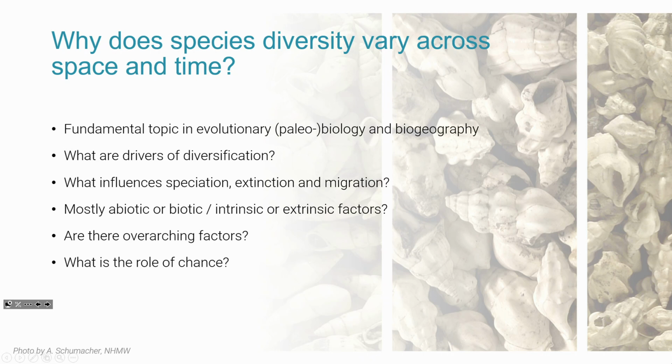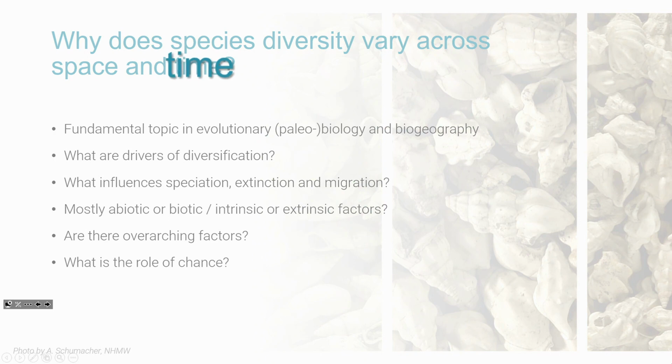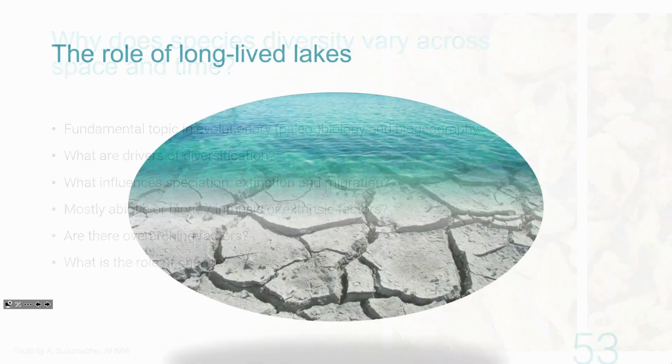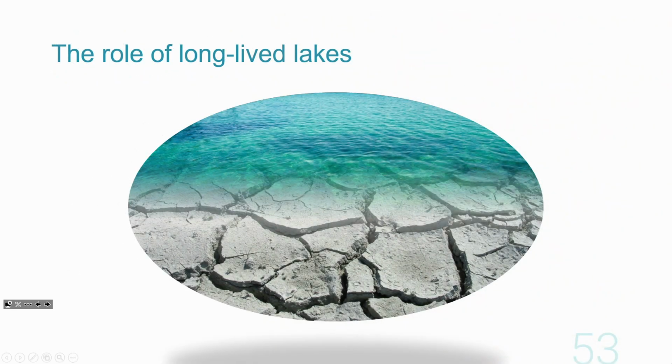But still, if we look at all these parameters, these possibilities, there is something we need for all this, and this is time. We need time for speciation, and in the case of freshwater environments, we need a system where this time can unfold, and this is the long-lived lakes in this case.